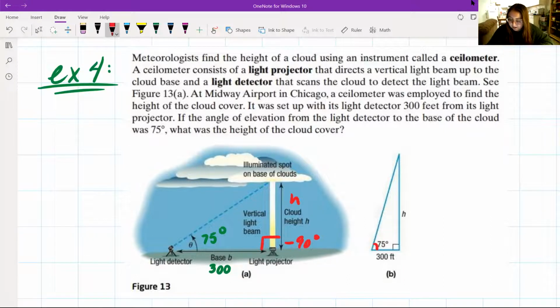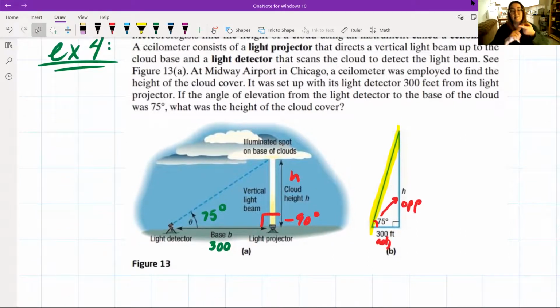What we already have is this adjacent value, and what we want is the opposite value. Because we see here that this length, that's our hypotenuse. That is the one that's going diagonal. The height we're looking for is our completely vertical line. So we want to use something that uses opposite and adjacent.